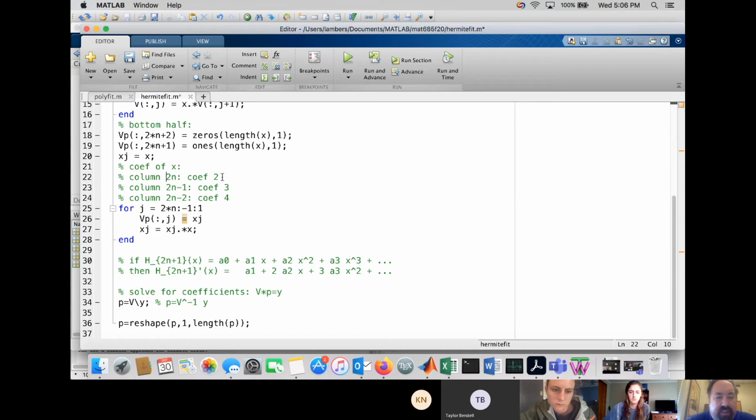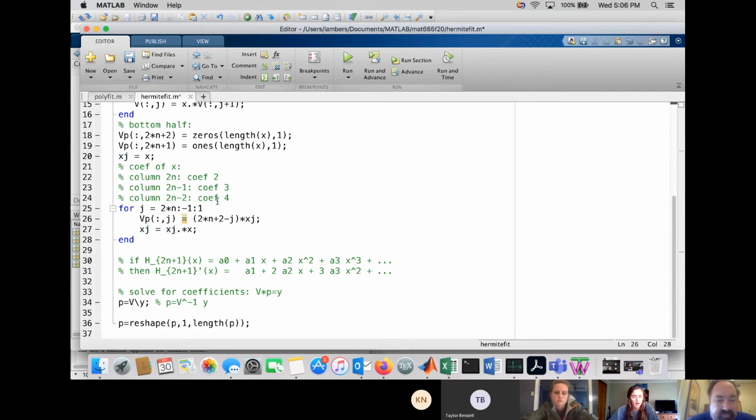Why that helps me is, since I have j here, I can use the fact that the coefficient will be equal to 2n plus 2 minus this. So that 2n plus 2 minus j is my coefficient.